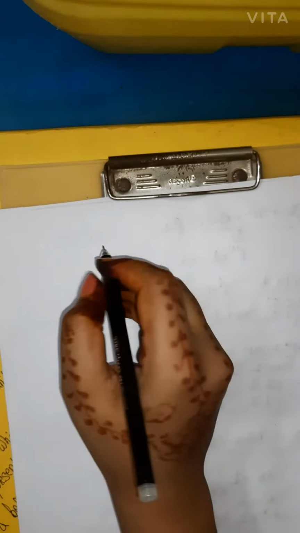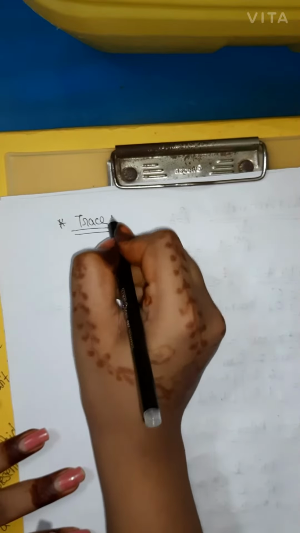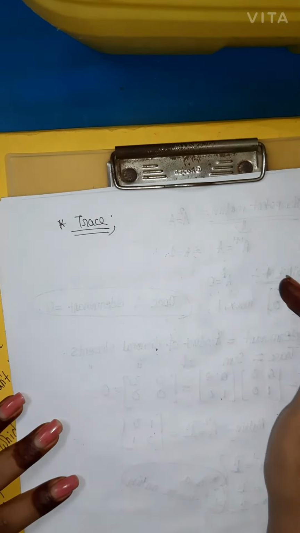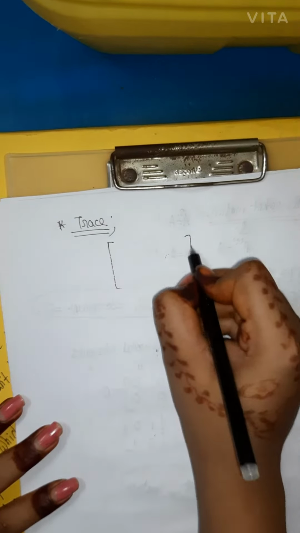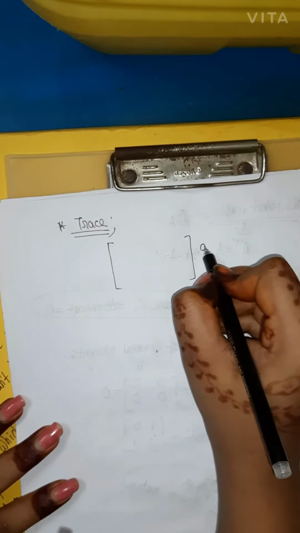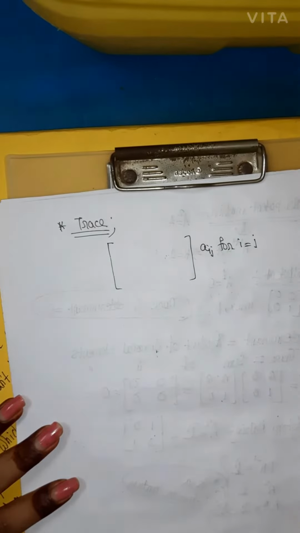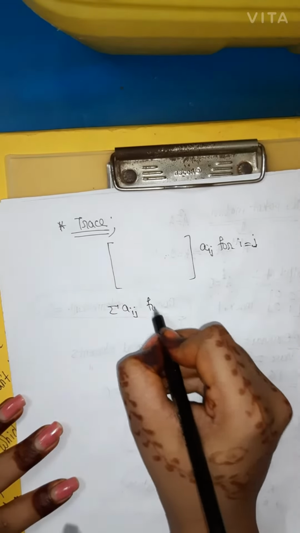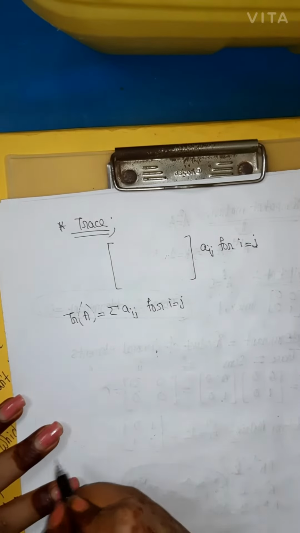Trace of the matrix, I said it before, is equal to the sum of diagonal elements. So if we have a square matrix, or even a rectangular matrix, then for the diagonal elements, that is Aij for i equal to j, summation over that will be equal to the trace.